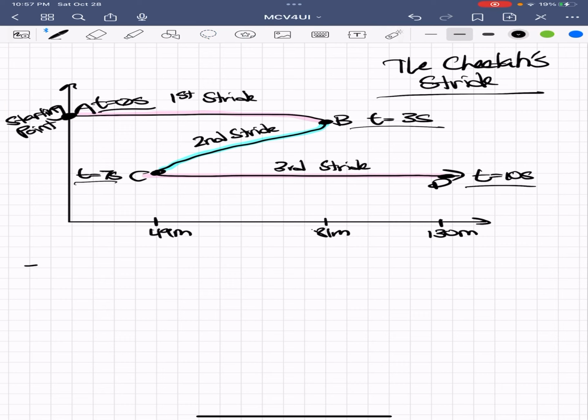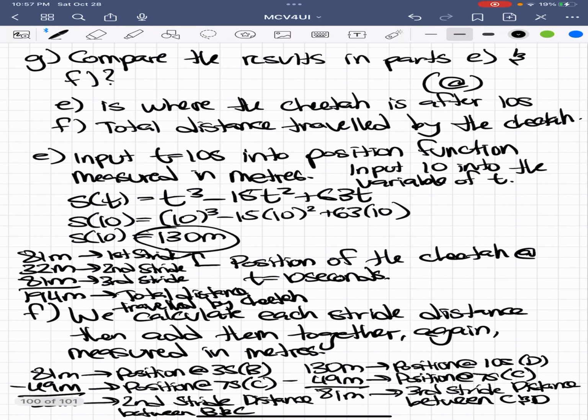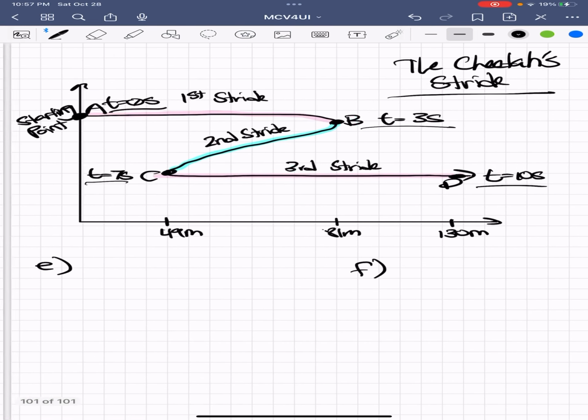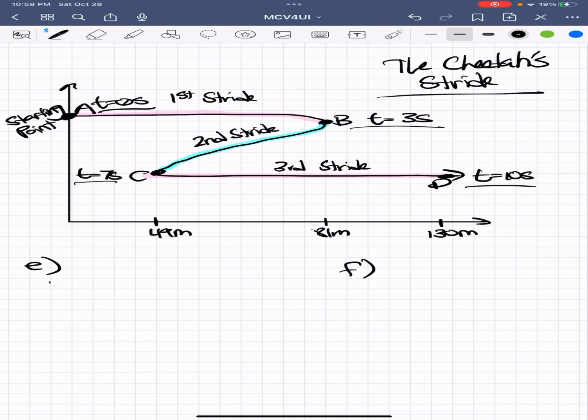We'll do one for E and one for F. So E is where the cheetah is after 10 seconds, and F is the total distance traveled by the cheetah. So we'll do mini diagrams to compare the two.